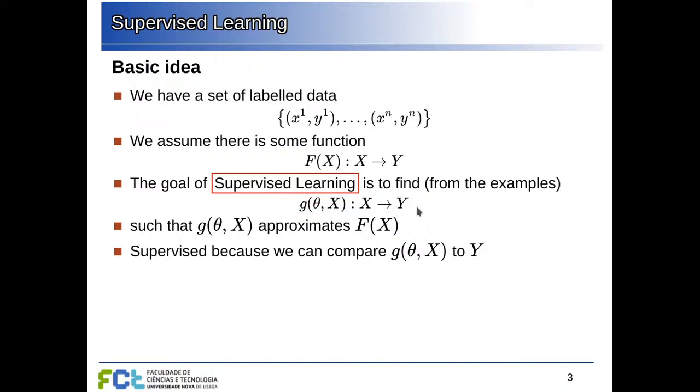So we want to find from examples this g function that tries to approximate what reality uses to map between these values. And this is supervised learning because as we are adjusting these parameters to try to find the best hypothesis, we can keep comparing what our function is predicting to what the actual values are in our data. So we can supervise the learning process.